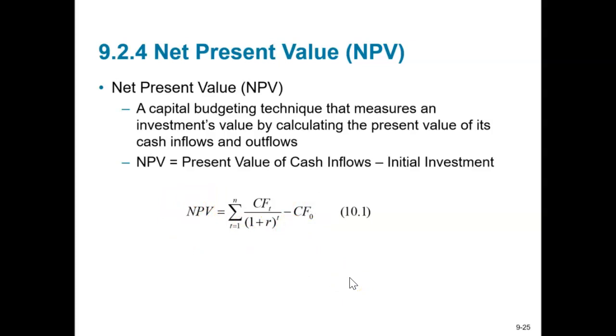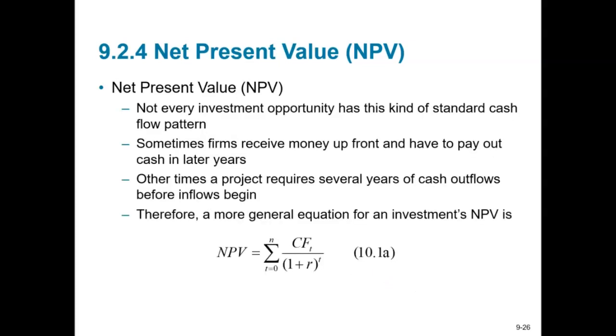Keep in mind that not every investment opportunity has this kind of standard cash flow pattern. Sometimes firms receive money upfront and have to pay out cash in later years. Other times, a project requires several years of cash outflows before inflows begin. Therefore, a more general equation for an investment's NPV is taken into consideration.